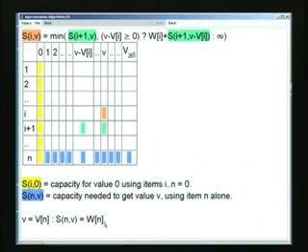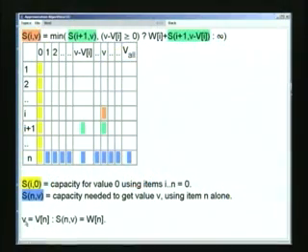So one of these entries can be filled using this. What about the rest of the entries? Suppose we want to do this for a different value of v. So let's say we want to get a value larger than v of n. Can we do it? We are only allowed to use item n. So clearly we cannot do it.